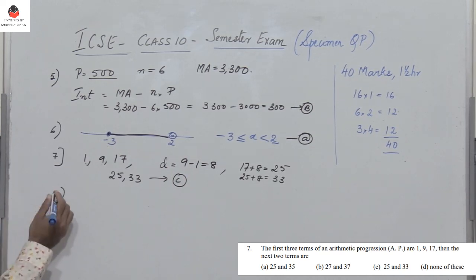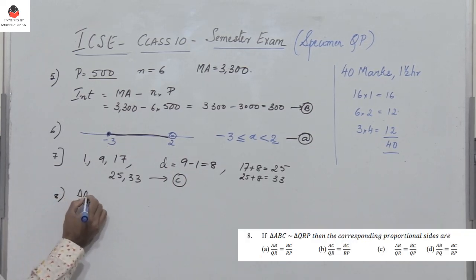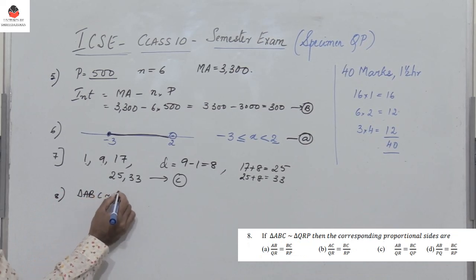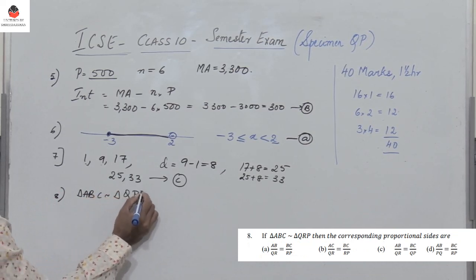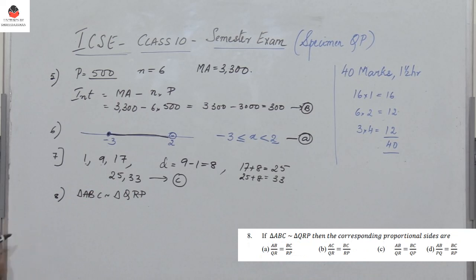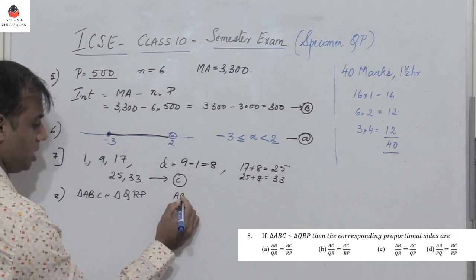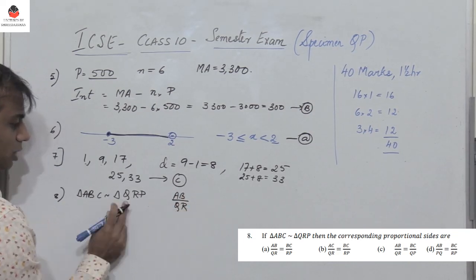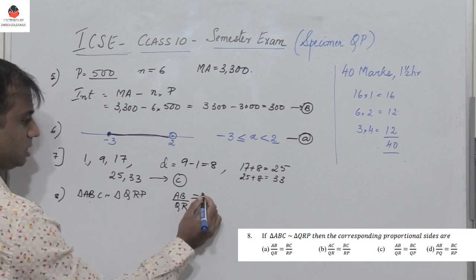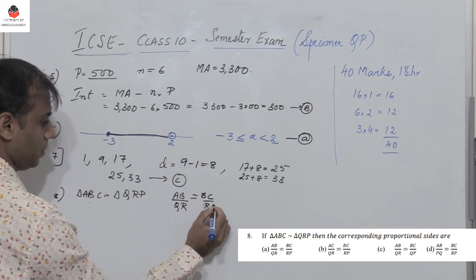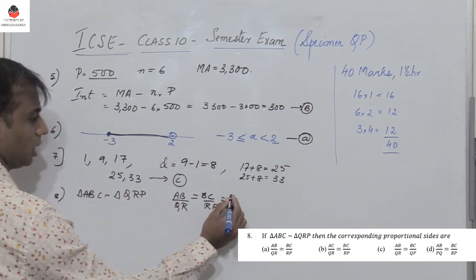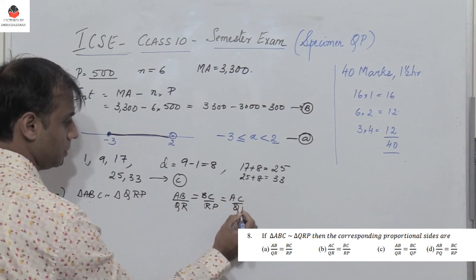Eighth one. Now we have triangle ABC is similar to triangle QRP. In that case, the corresponding proportional sides are. So we find that if these two triangles are similar, then AB by QR, the corresponding sides, is equal to BC by RP is equal to AC by QP.